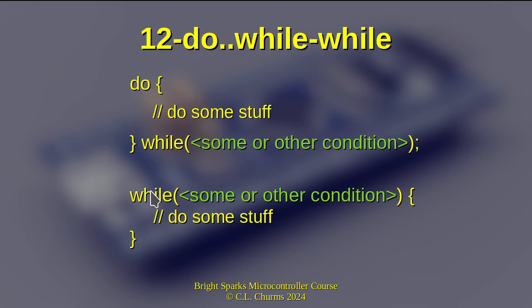Well, then we just flip it around and put the while at the top, no do at the bottom. And we say, while this is true, do this, until you fall out the bottom, because that is no longer true. Okay? Fine. So let's go to our IDE.